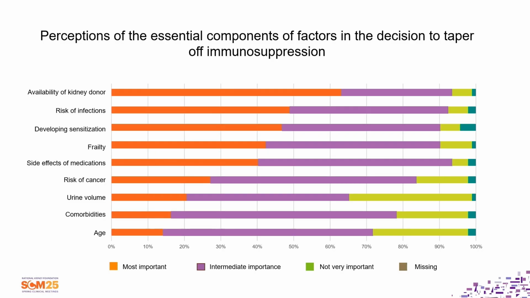Most important, people seem to think, was availability of a donor, followed by risk of infection and sensitization, which were also ranked very high as most important by the people we surveyed. That's not to say that a lot of people didn't find comorbidities, frailty, and side effects of medication important. As you can see, there are a lot of things that people are thinking about, of most important and intermediate importance, when we wonder what exactly to do with a patient's immunosuppression.